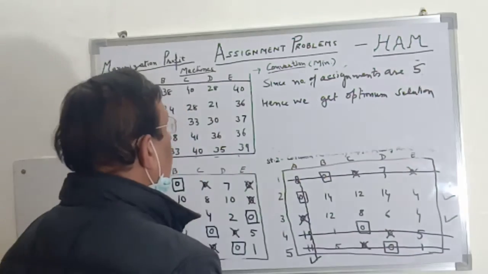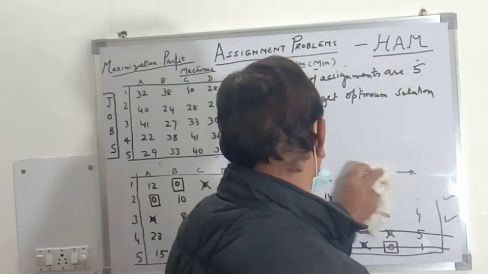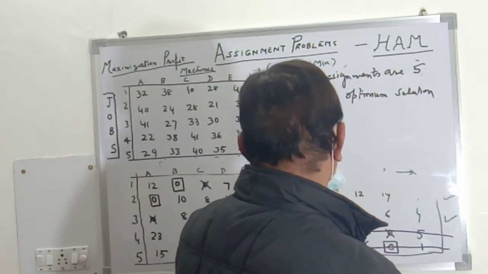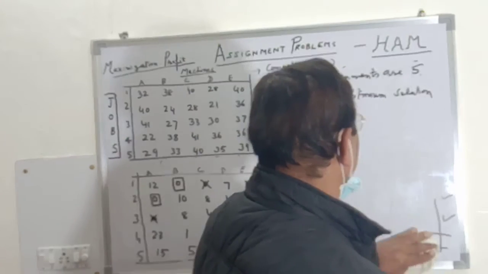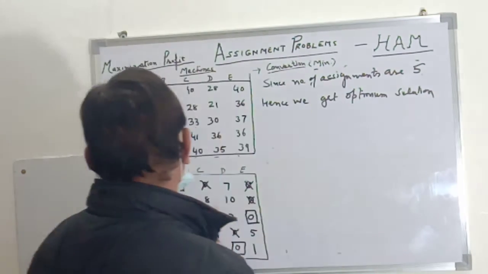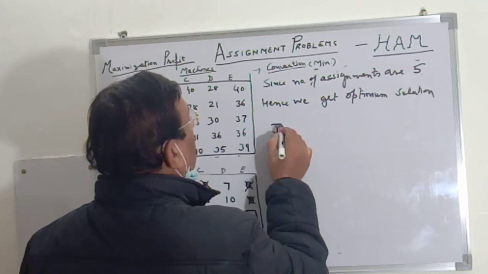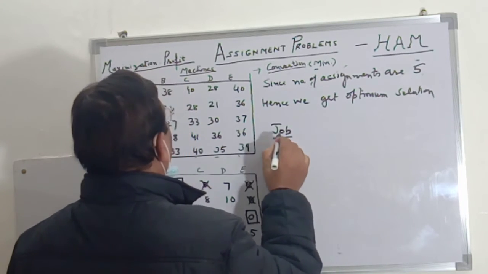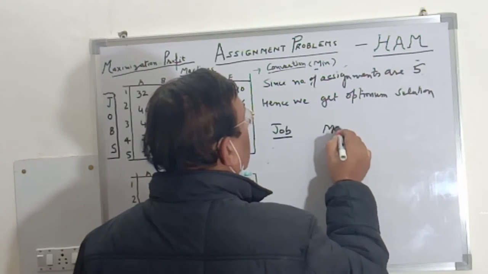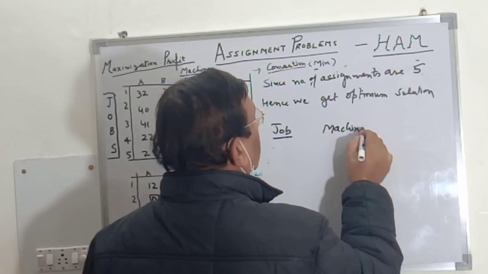So how to write this solution or the answer? We will write like this: job, machine, and profit.